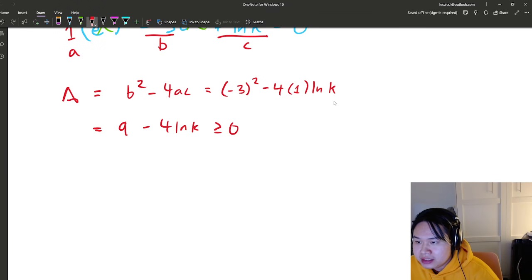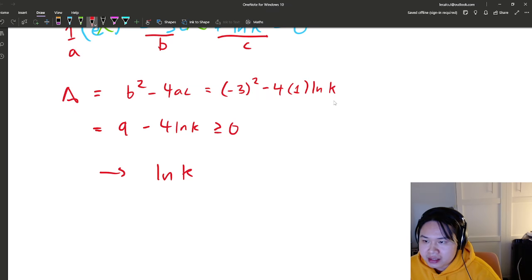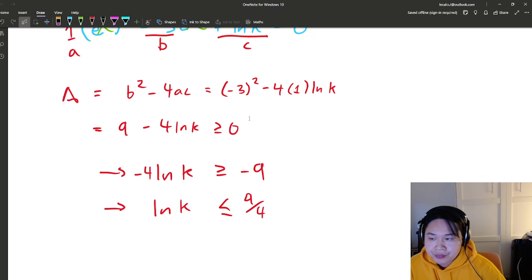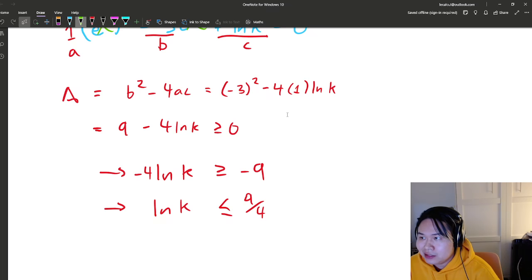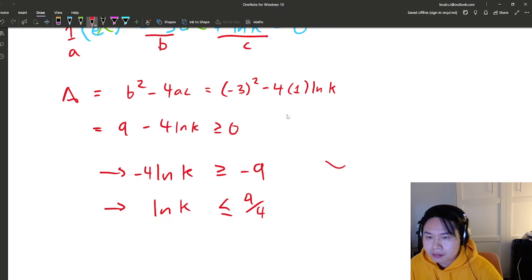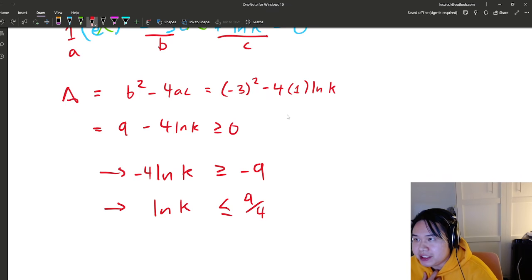So first off, we will isolate natural log k. Let's do this in 2 steps just to show you guys. First we subtract the 9, and then we divide by negative 4. So this is going to be 9 over 4. And then the inequality switches because you divide by negative 4.